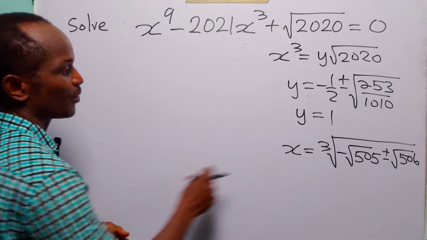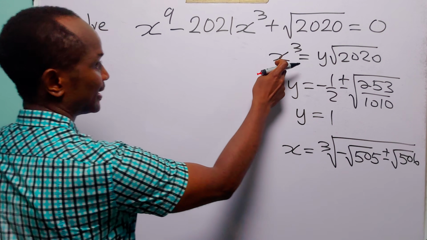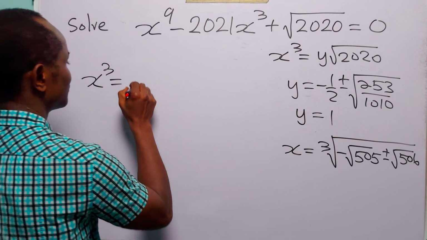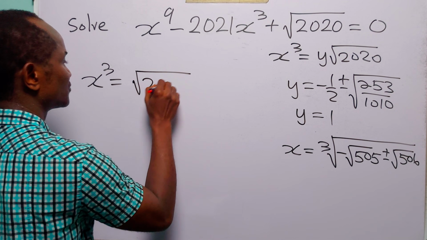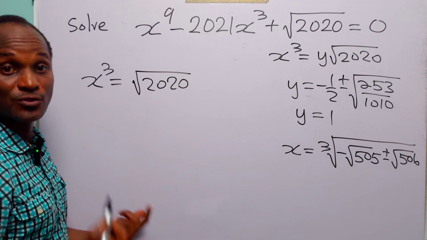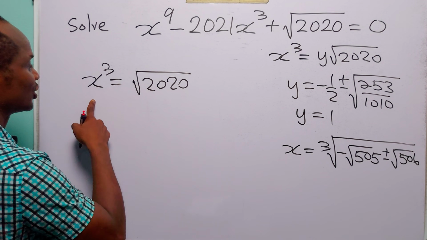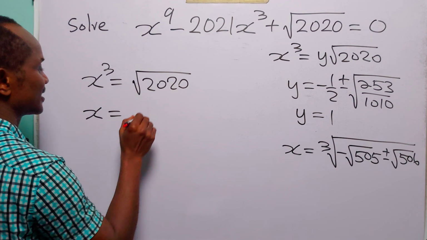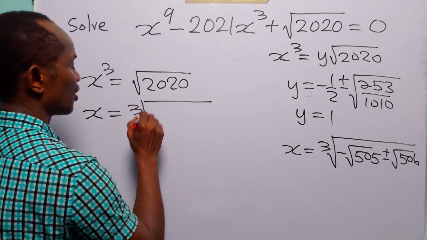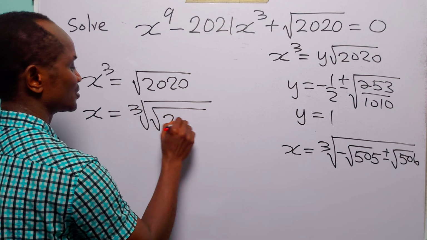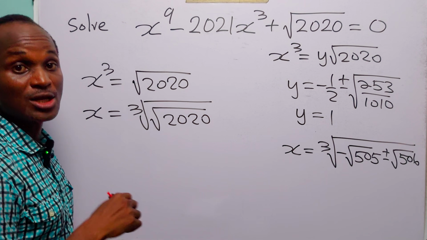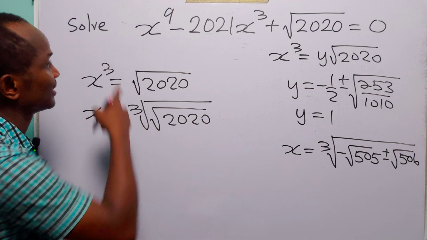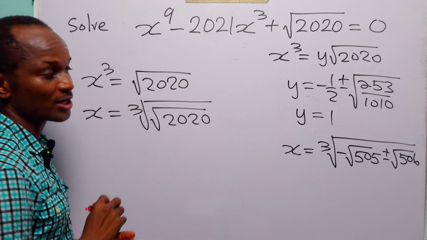And finally, when y is equal to 1, then we have that x cubed is equal to the square root of 2020. To find the value of x, we take the cube root of both sides of this equation. So we have that x is equal to the cube root of the square root of 2020.